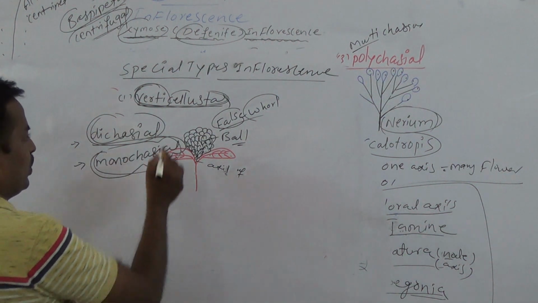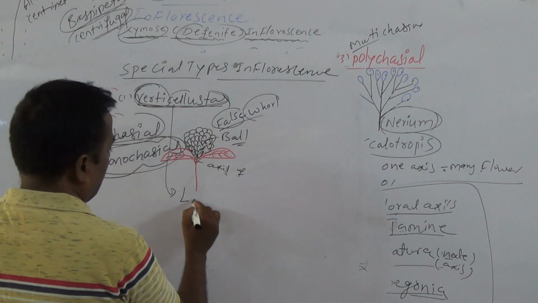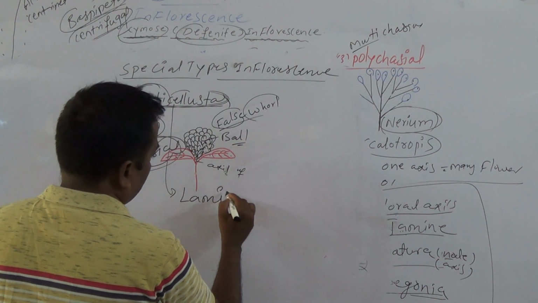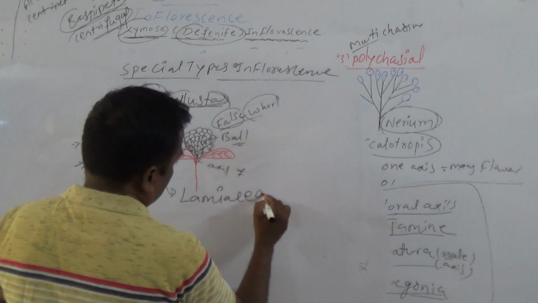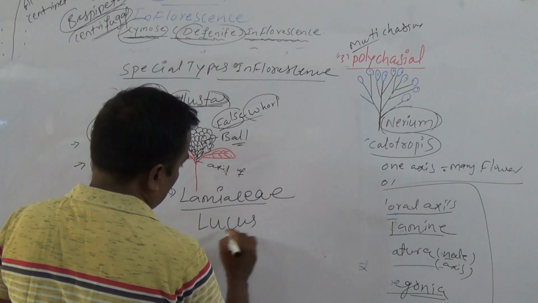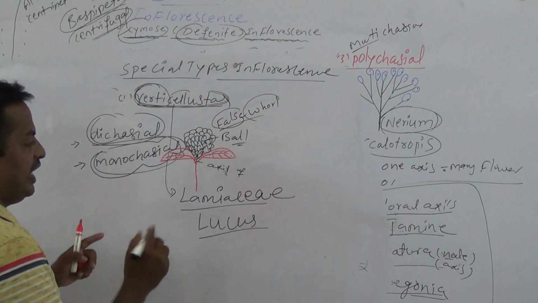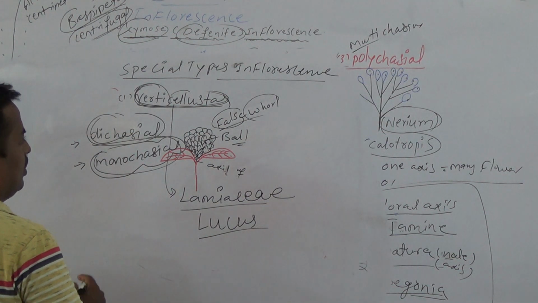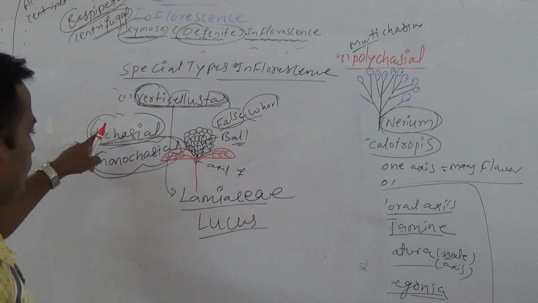This type of inflorescence is commonly reported in the Lamiaceae family. Examples: Leucas, Leonotus, Labiatae. So it is very important.